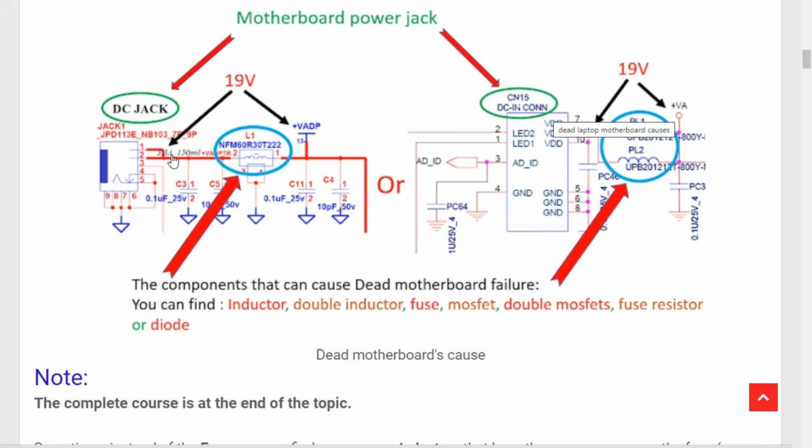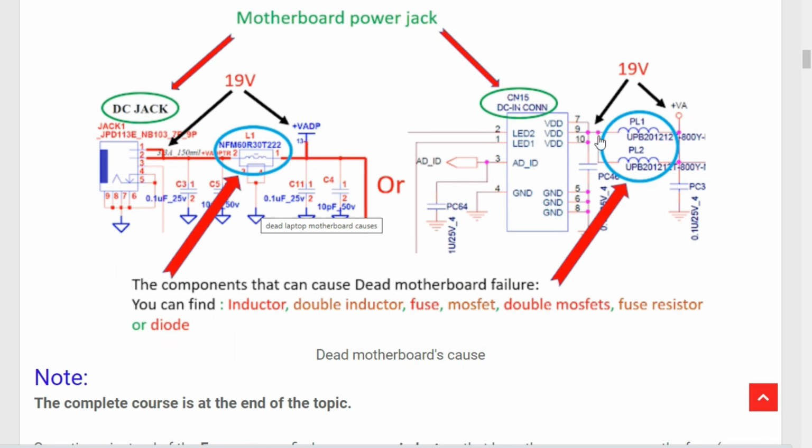This 19 volts will pass directly through this inductor, and then we get the plus V adapter 19 volts here. If you have any problem with the DC jack, for example, or even the inductor or ceramic capacitors, you will not get 19 volts here, which means the motherboard will be dead.